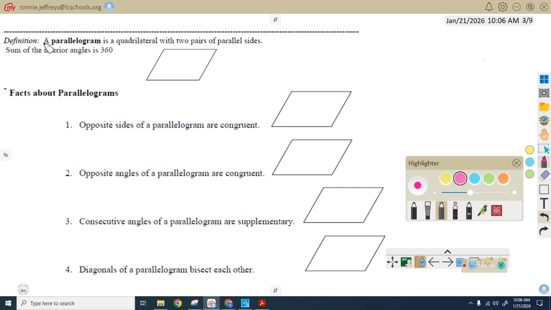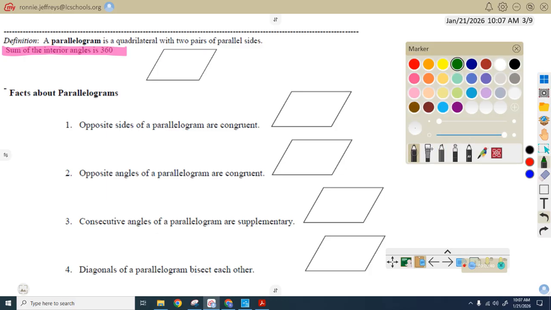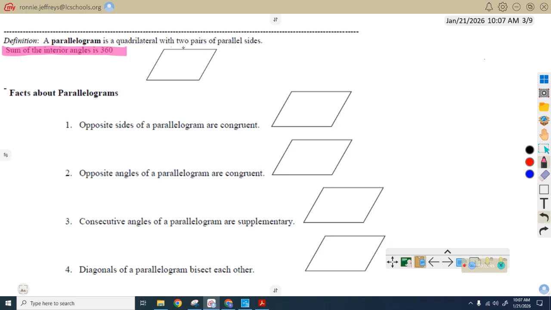So, definition of parallelogram: it's a quadrilateral with two pairs of parallel sides. The sum of the interior angles is 360. That's actually kind of important. Now, this line is parallel to this line, and this line is parallel to this line.